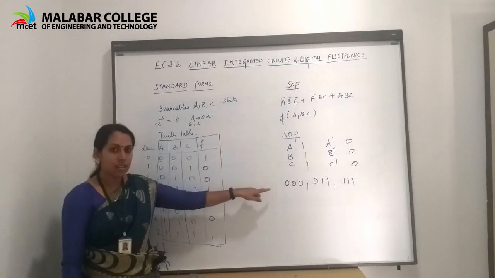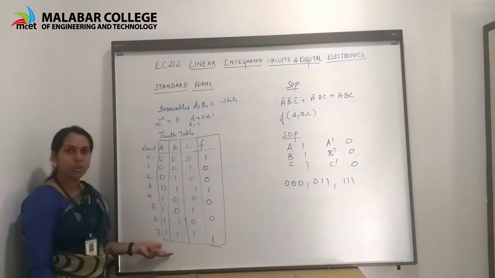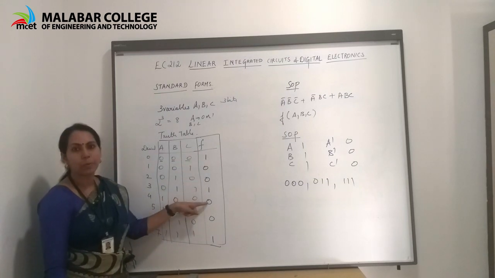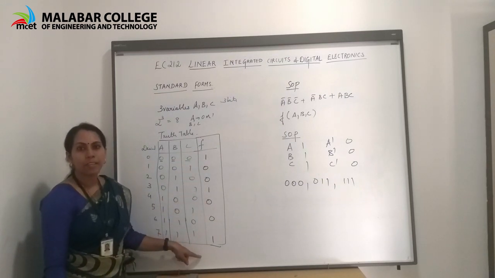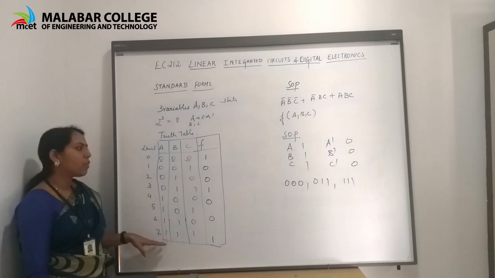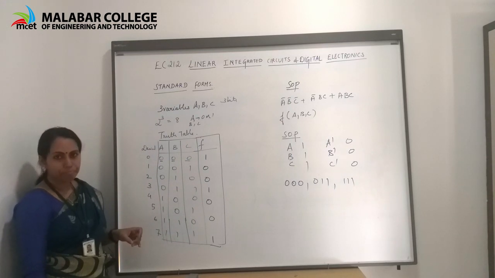Then we will find the corresponding binary values and draw the truth table depending upon the given variables, and wherever the expression is there, we will put 1 as the result. And this is a truth table for finding the corresponding SOP function.